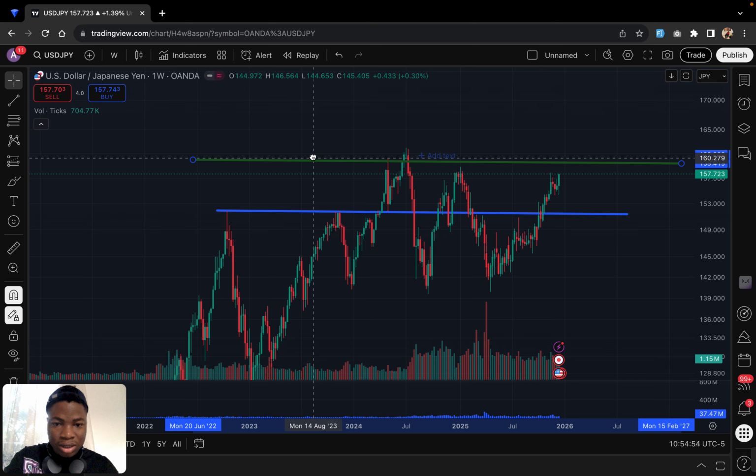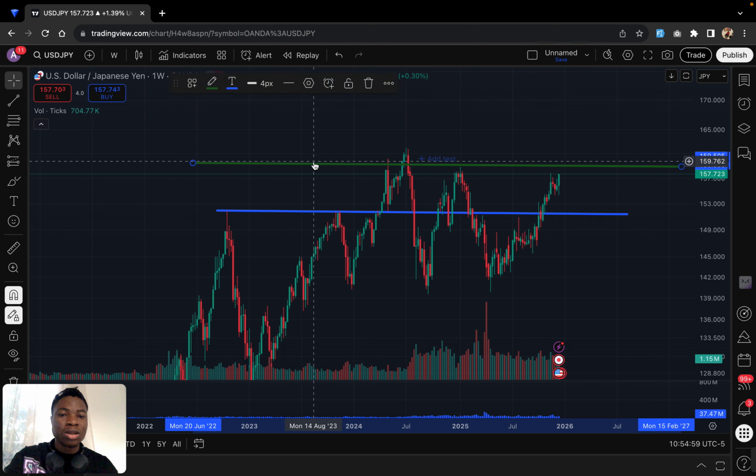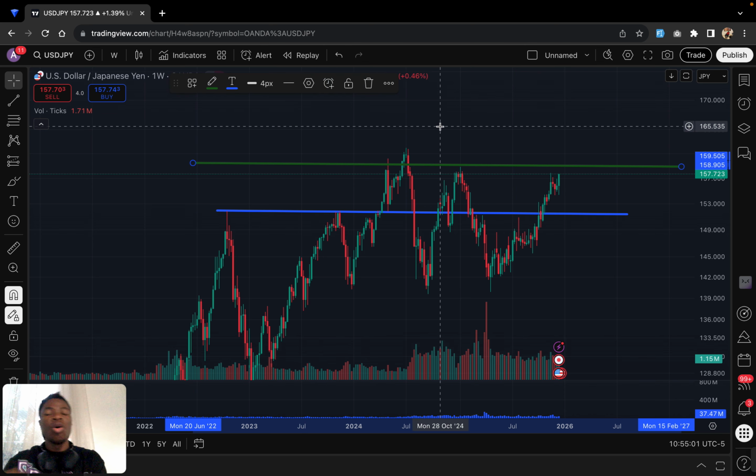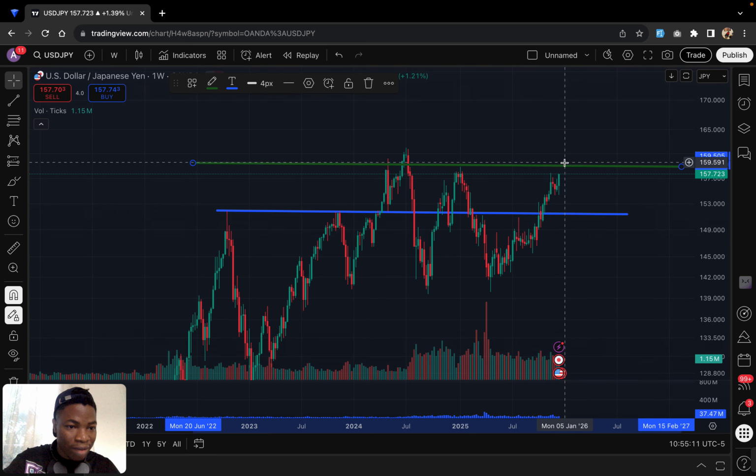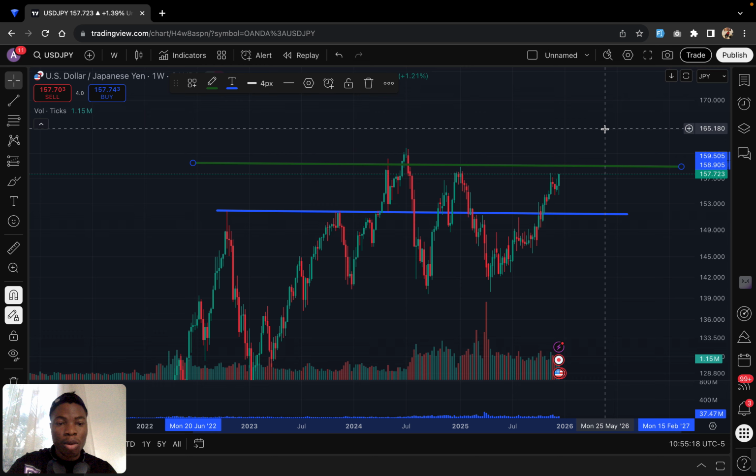So this is the resistance on the weekly time frame. It means that if the price eventually crosses or breaks past this resistance level, which is 159,491, then we should be seeing an upward movement.